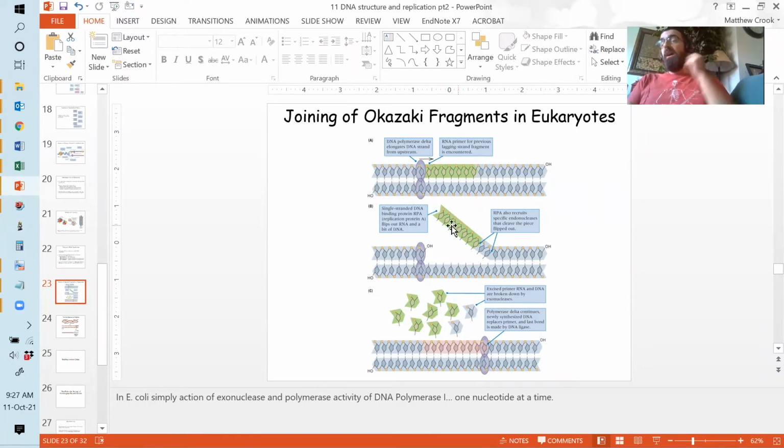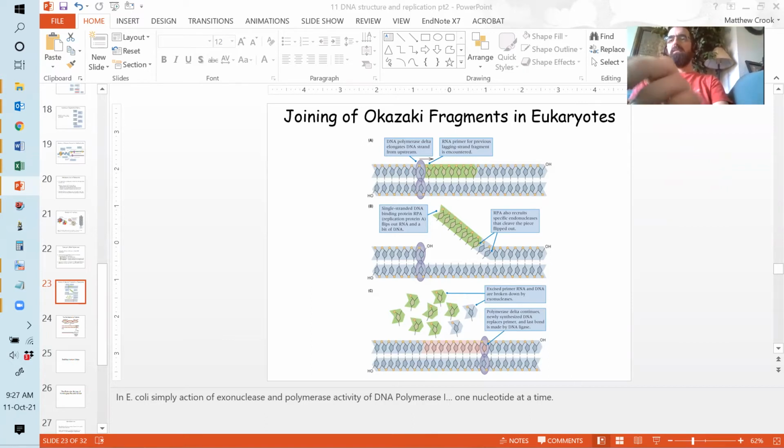Anyway, so the RNA primer is flipped out, and then replication protein A brings in an endonuclease. So remember, we talked about endo versus exonucleases.